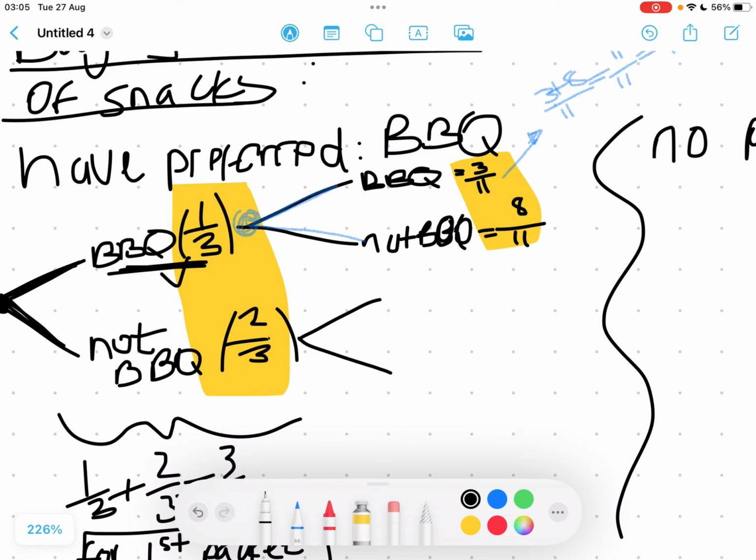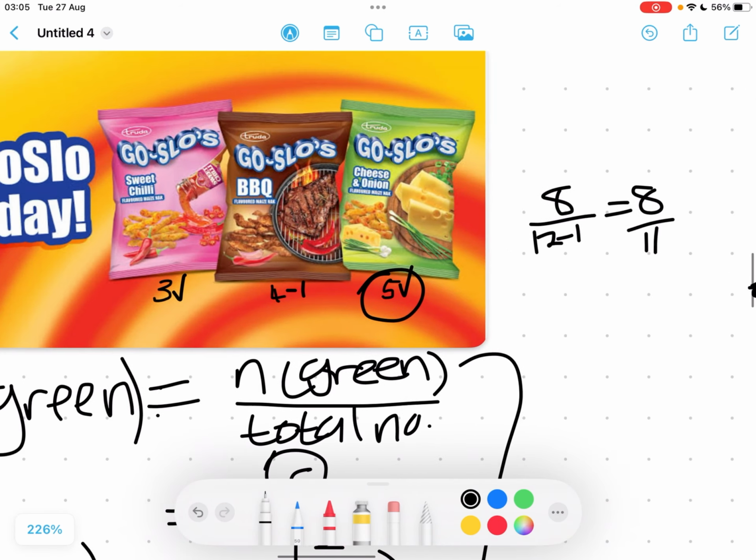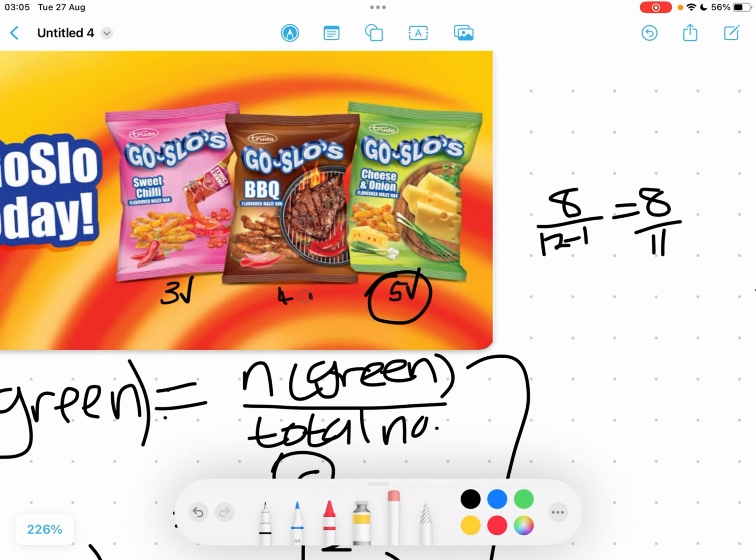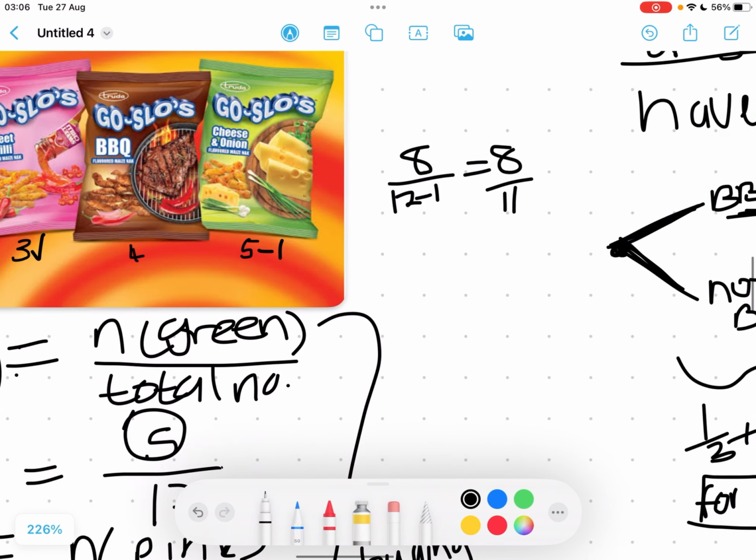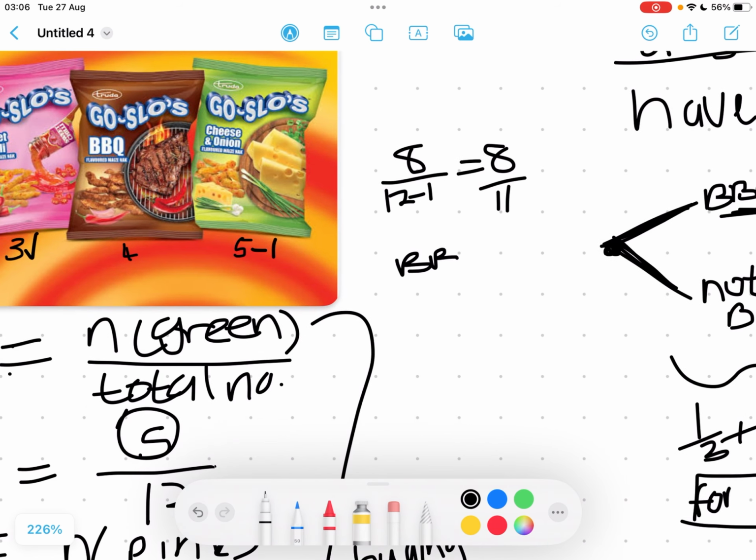The number of barbecue is not reduced. So let's just hypothetically choose that this person now took out from the green ones. So for barbecue at this point, you still have 4, but because you sold 1, you have 12 minus 1 here, which is 4 over 11 for barbecue.